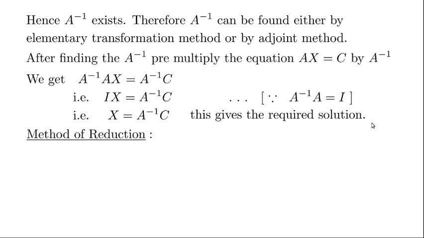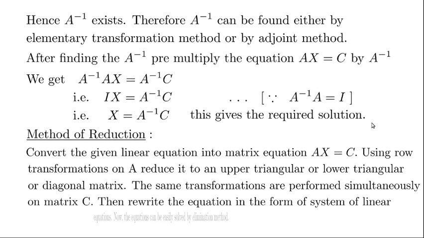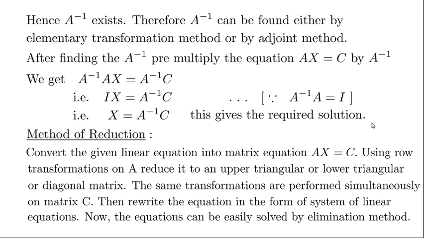Reduction method, or method of reduction. Convert the given linear equations into the matrix equation AX equal to C. Now using row transformations on A, observe it is row transformation on A, reduce it to an upper triangular matrix, lower triangular matrix or diagonal matrix. We are using row transformation because the right hand side matrix C is a column matrix.